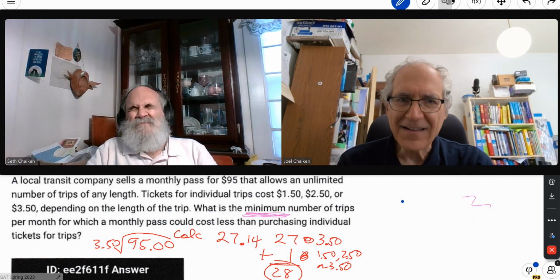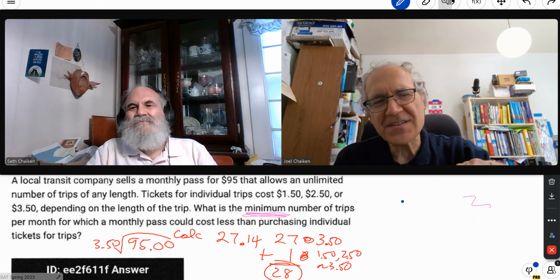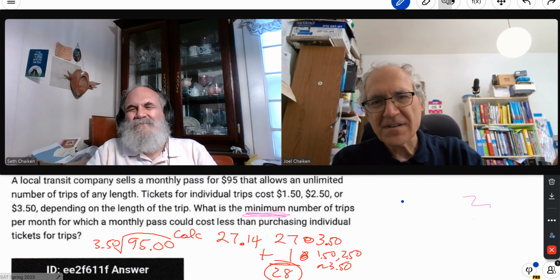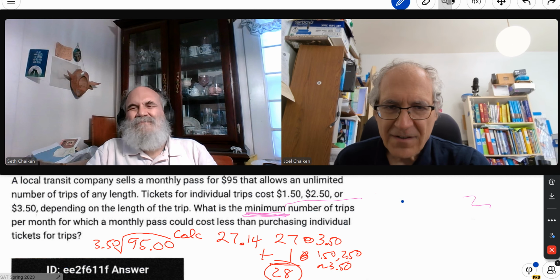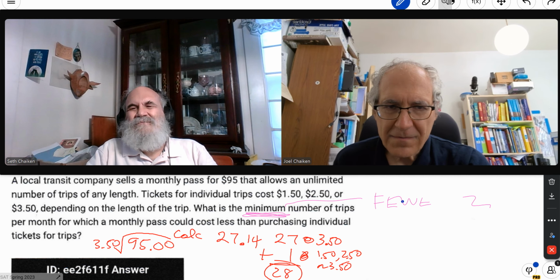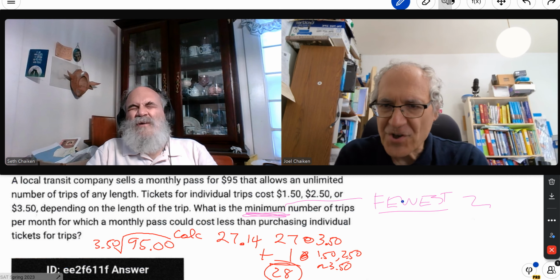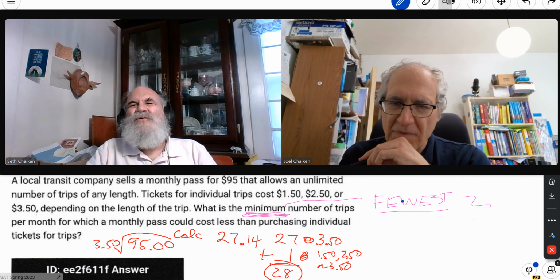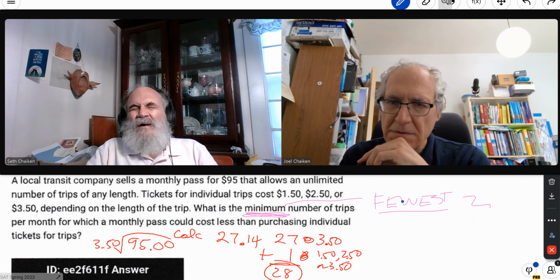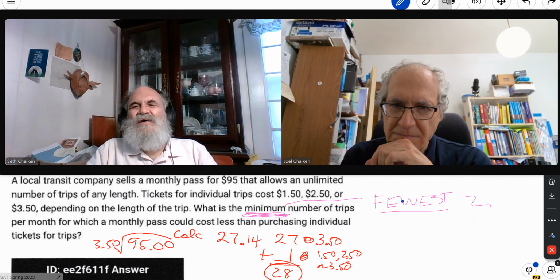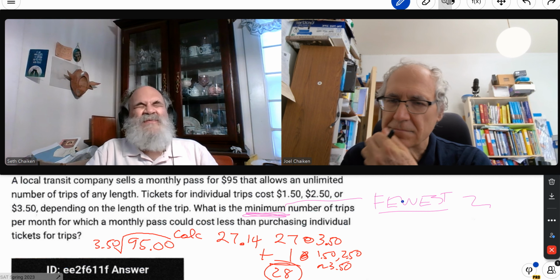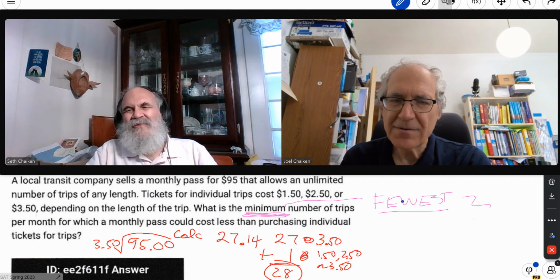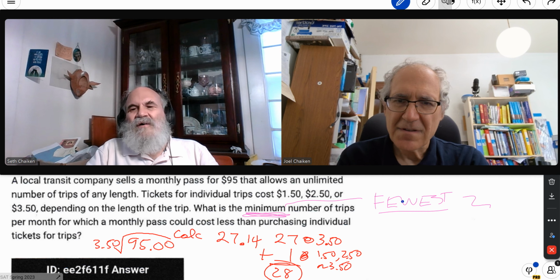Exactly. They're opposite each other. The smallest means you have to use the largest. What is the fewest number of trips per month? We have to say it carefully.